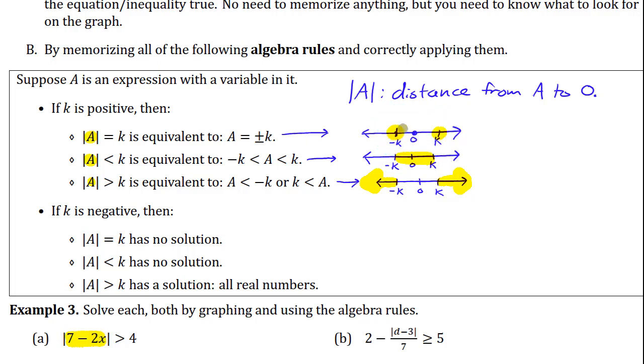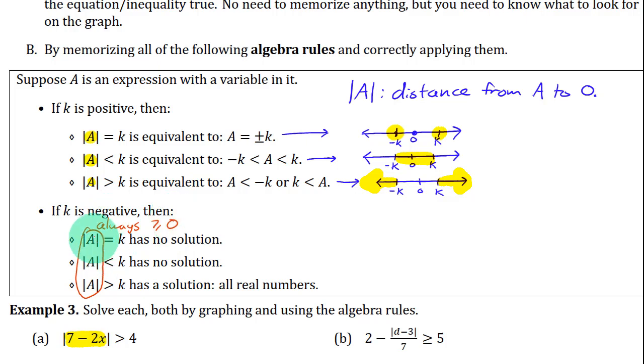And then if k is negative, if you're saying the absolute value of A is compared to a negative thing, well, remember, the left side of this, no matter what, is always greater or equal to 0.